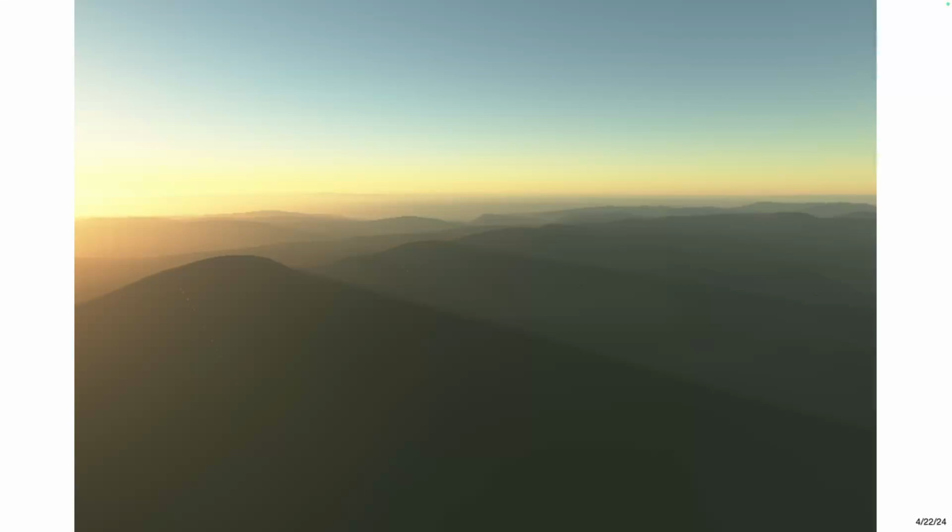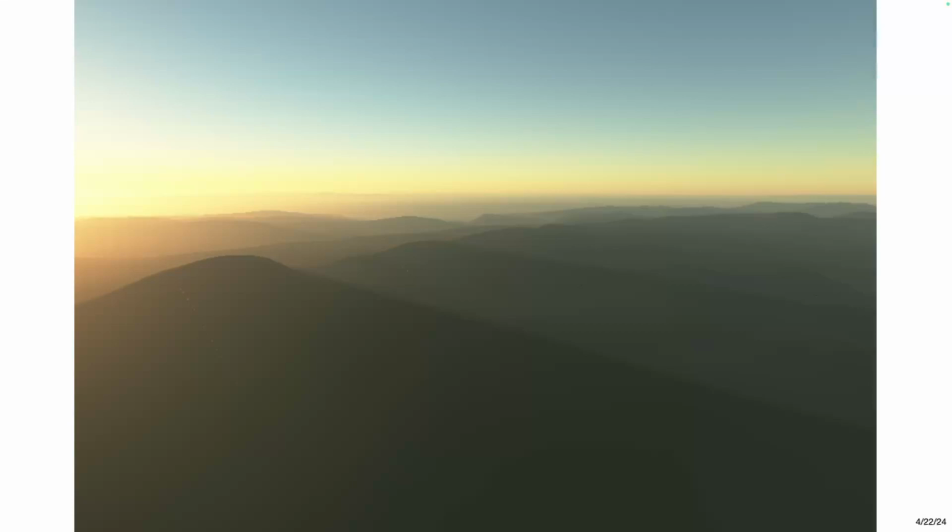And the reason I'm showing you this picture is because I'm lying to you slightly. This is actually not the Great Smoky Mountains. This is a computer simulation of them. You would be hard-pressed to tell the difference between this picture and an actual picture of the mountains at sunset, because we understand the nature of scattering so well.